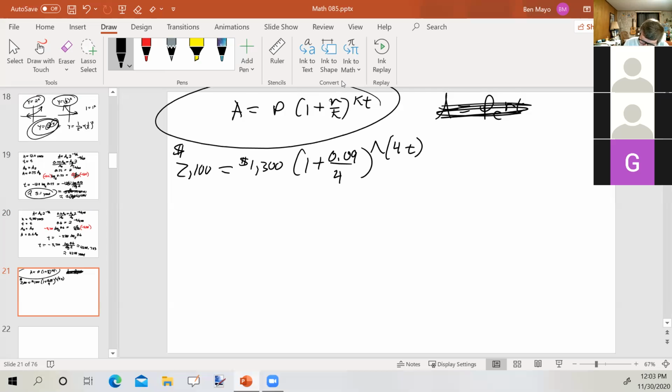Now, I can take 0.09 divided by 4 and come out with a nice number and add it to 1 and clean that all up if I want. But whether I do or not, I can't change this into a logarithmic equation until I get rid of that. How can I get rid of that $1,300 on the right? What do I have to do to get rid of it? Be careful.